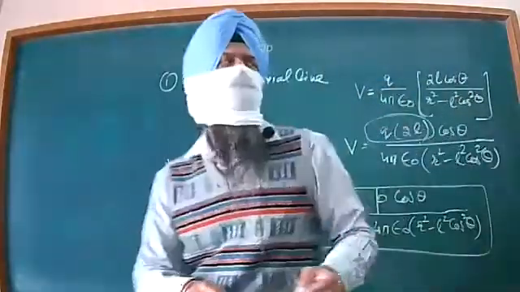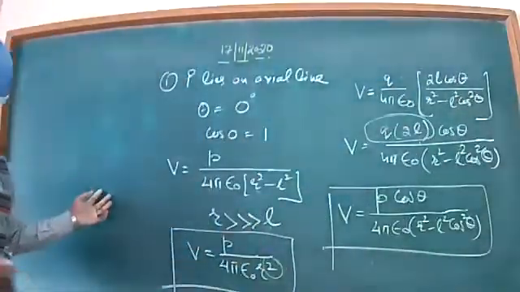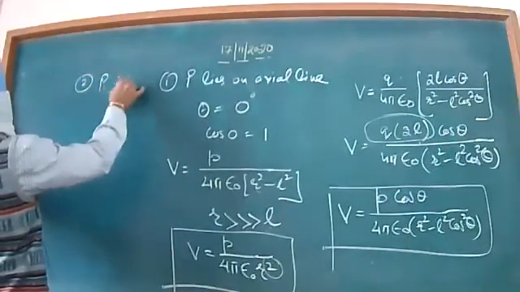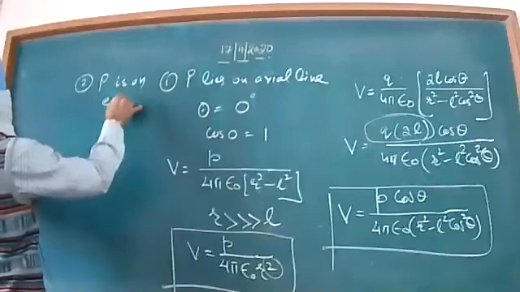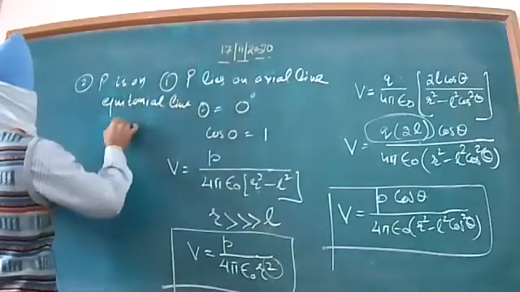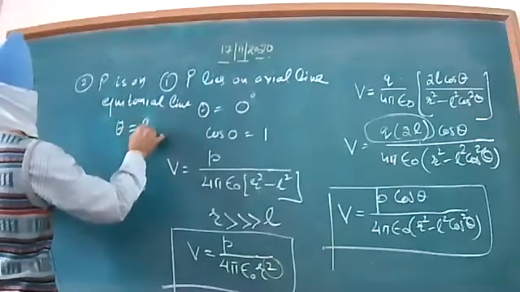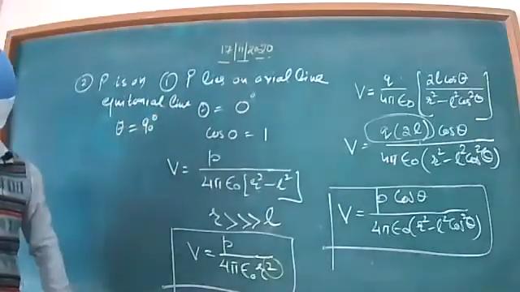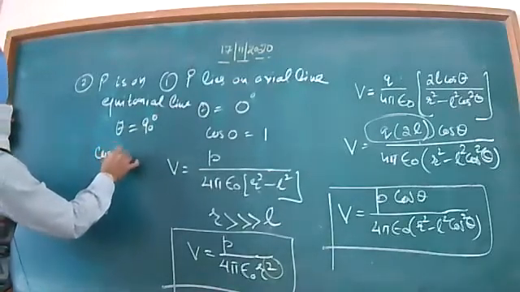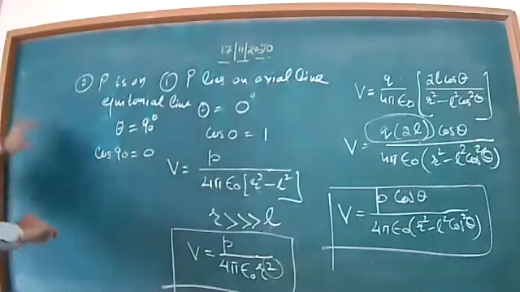And if we have it on the equatorial line, the second point is, P is on equatorial line. You can see your diagram, theta will become 90 exactly, right? And cos of 90 will be 0.